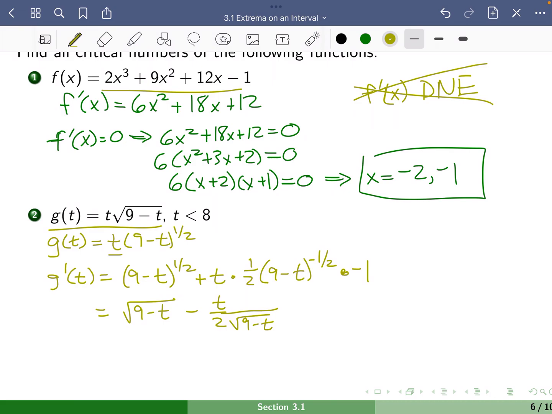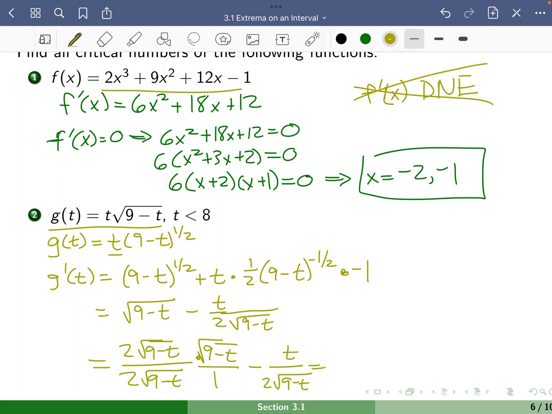So if we were to multiply that first piece by 2 root 9 minus t over 2 root 9 minus t, then we are going to get 18 minus 3t over 2 root 9 minus t. Great.